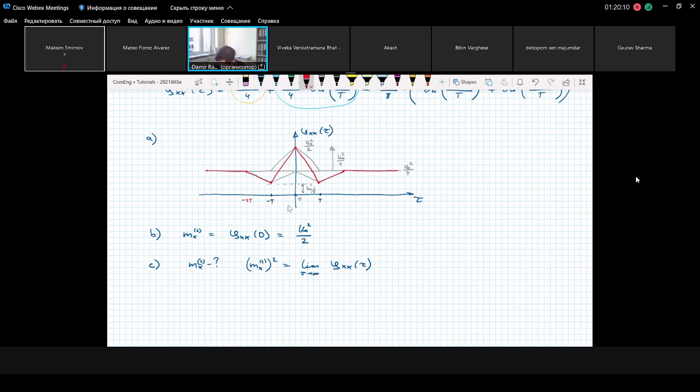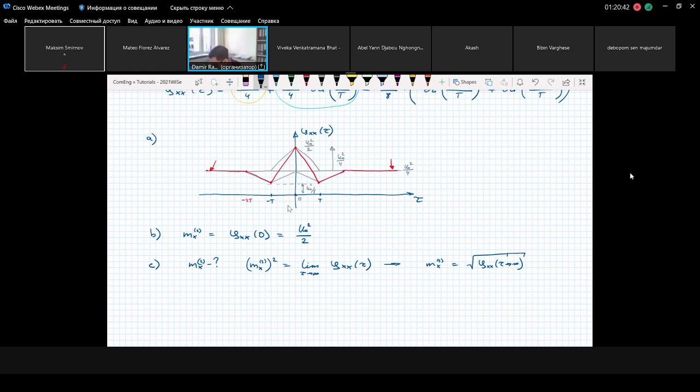Simply speaking, for very large delays, this point corresponds to the squared value of the first moment. As a result, the first moment itself of this random process we can find as the square root of the autocorrelation function when tau goes to infinity.